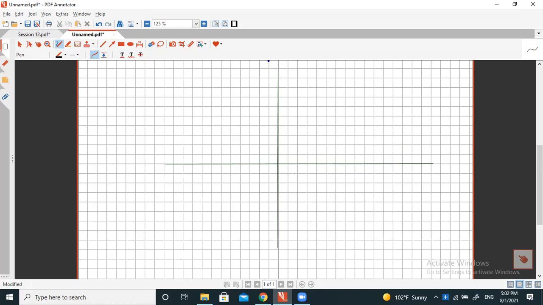And you can do like this. If you want to leave one square, you can.